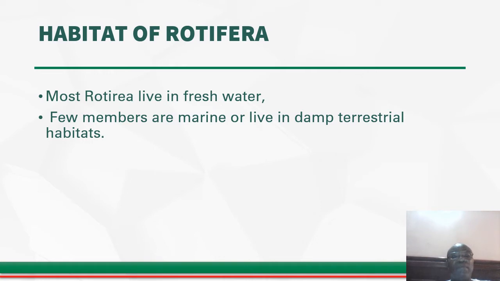The place where we find the rotifer, that is the habitat, is mostly freshwater, but there are some members that can be found in the marine environment, or even live in damp environments on land.